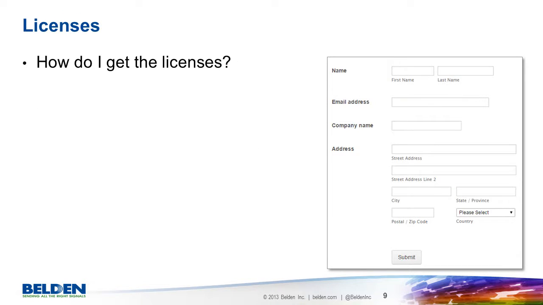How do you get your licenses? Our website includes a link where you can request the licenses. Behind the link is a form. Nobody likes filling out forms, so we've asked for the bare minimum of information. This information will not be used for any purpose other than setting up the trial account. An email address is required to receive the licenses.